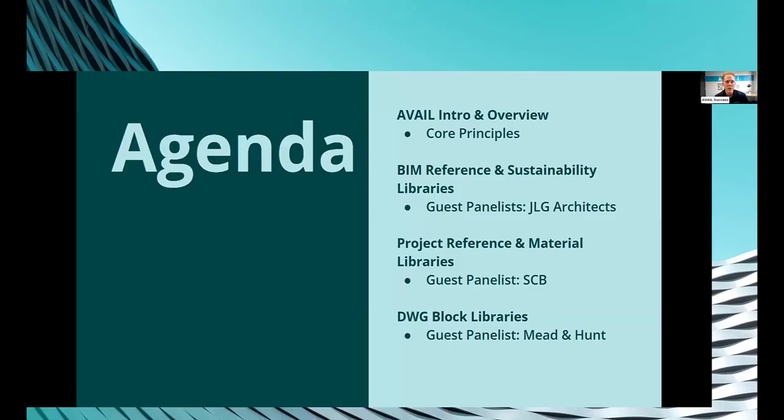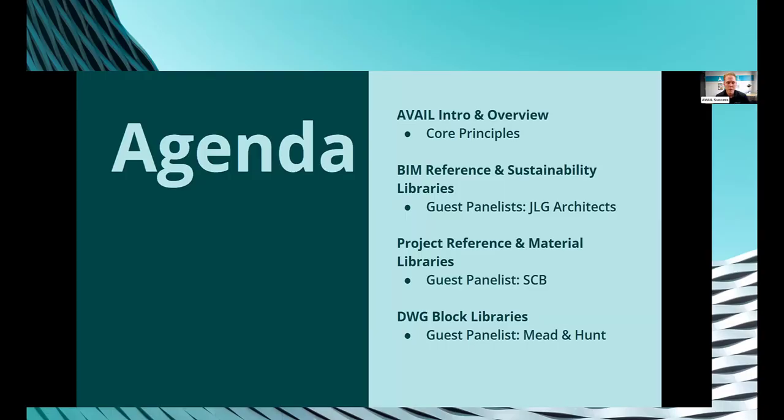They've got some sustainability resources in AVAIL as well. And then I'll be handing it over to Peter Rebecki over at SCB. And he's got some really great content around project reference documents and material libraries. So again, it's all these things that live around your project and are important, and they can also live in AVAIL as well.